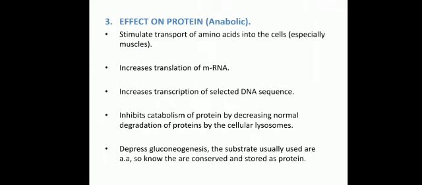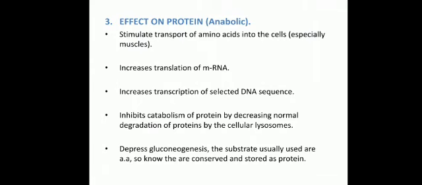So, insulin keeps a strict check on the degradation of protein by the cellular lysosome, so that catabolism of protein is inhibited. It depresses gluconeogenesis. The substrates usually used are amino acids, so they are conserved and stored as protein.